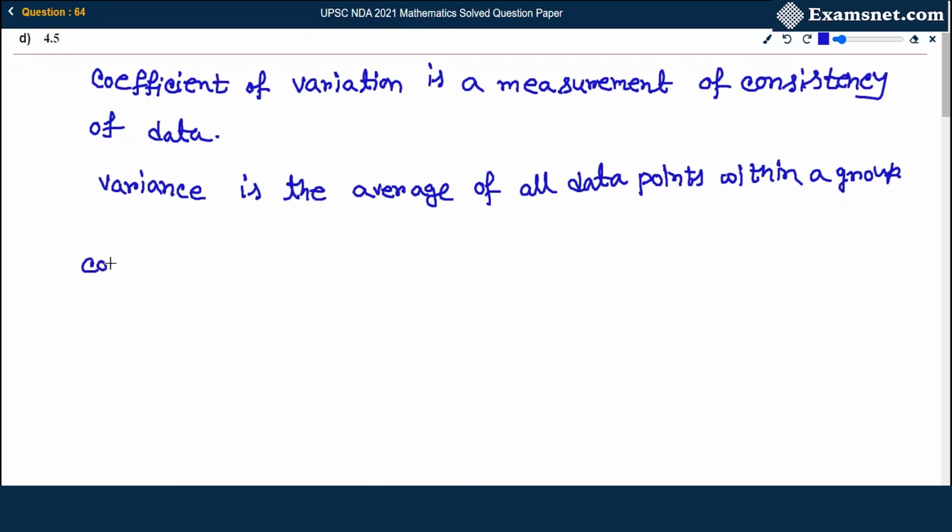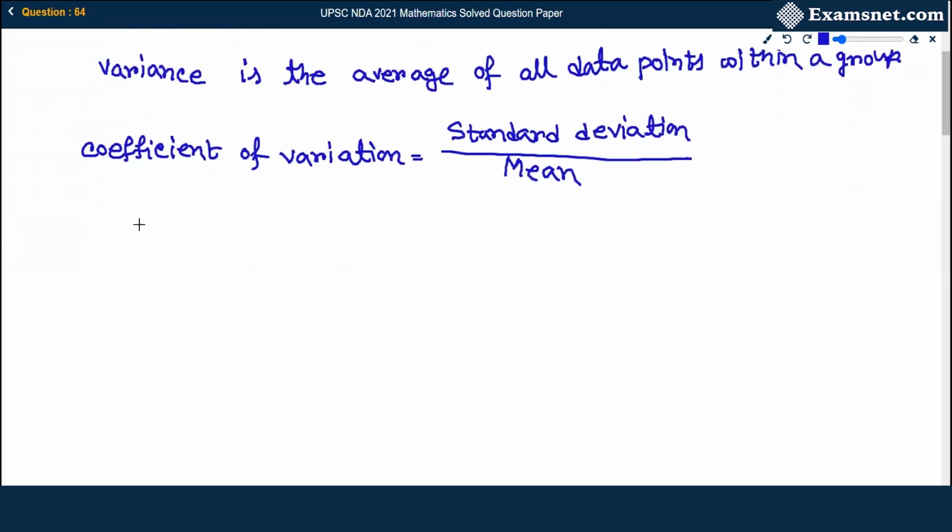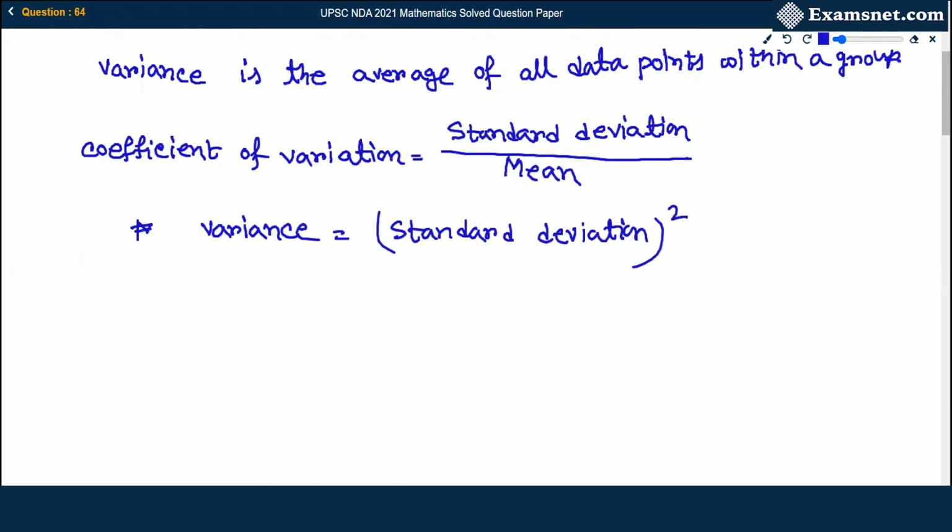So coefficient of variation equals standard deviation by mean, and the relationship between variance and standard deviation is that variance equals standard deviation whole square. These two formulas we are going to use in our solution.